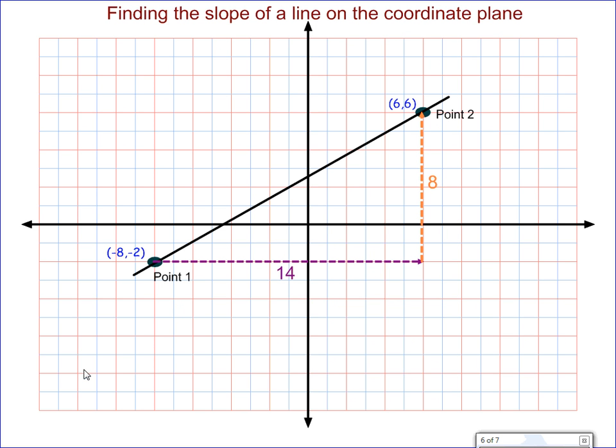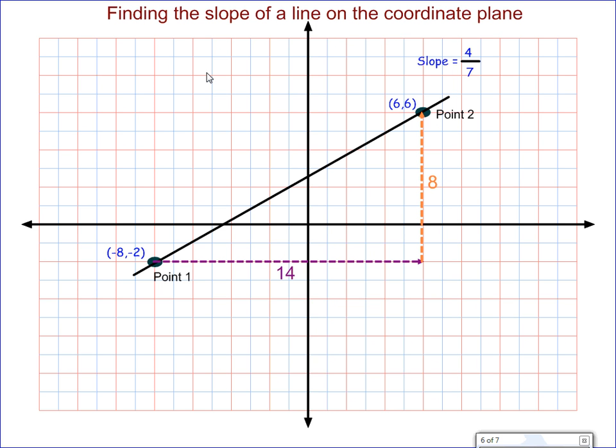So the slope of this line will be rise over run, or 8 over 14, which can be reduced to 4 over 7. So the slope of this line is positive 4 over 7.